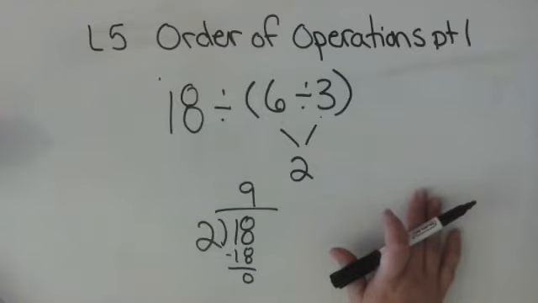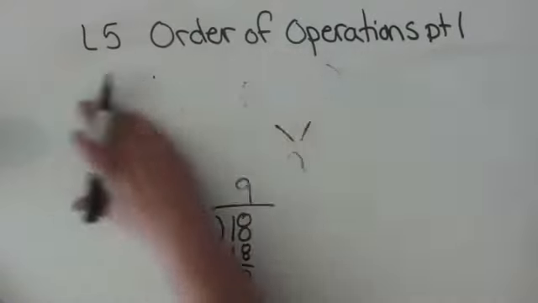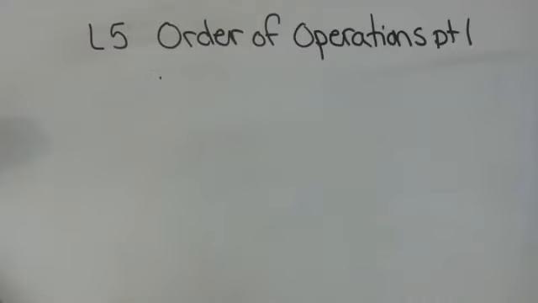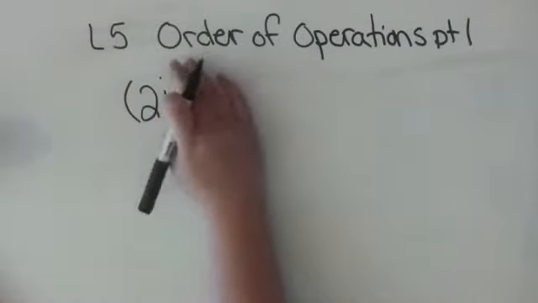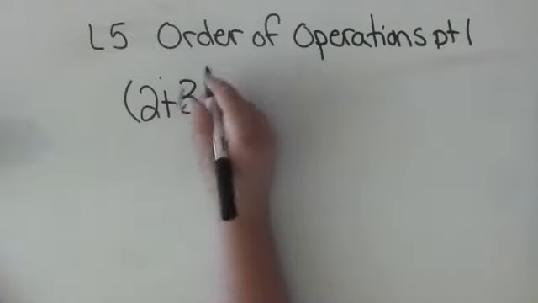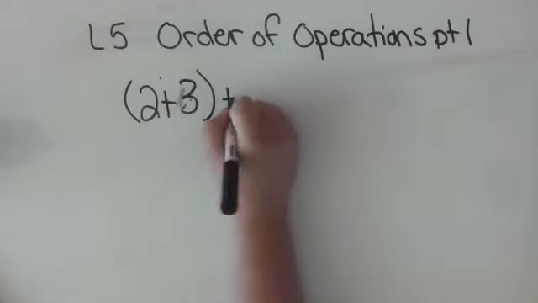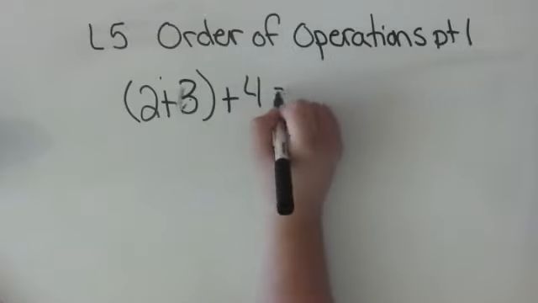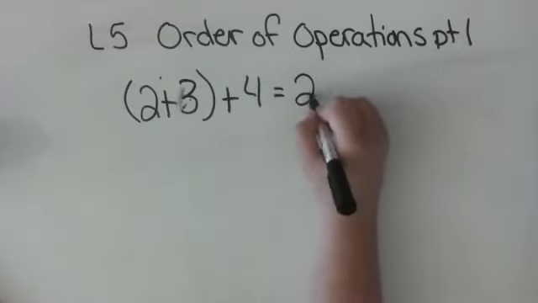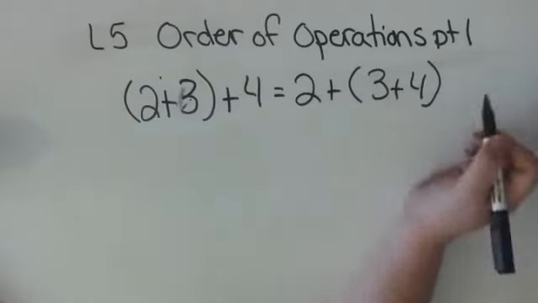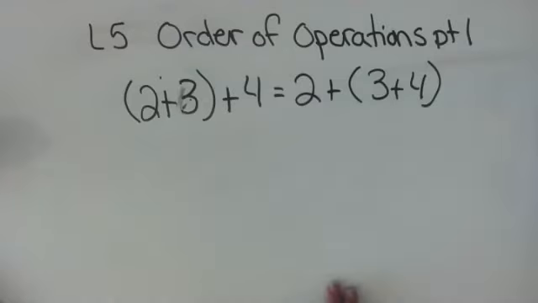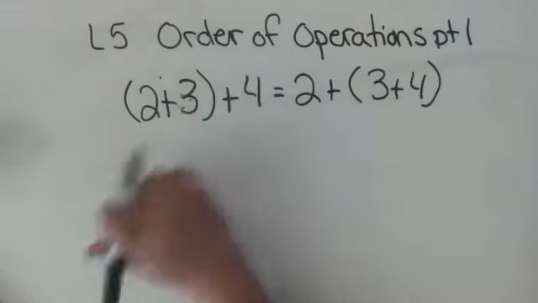Now, when you're using order of operations and you're looking at parentheses, something else comes up quite commonly, and it's called the associative property. If I have parentheses 2 add 3 parentheses, add 4, it is the exact same as 2, add parentheses, 3 add 4. Those are the same thing, because I'm using addition.